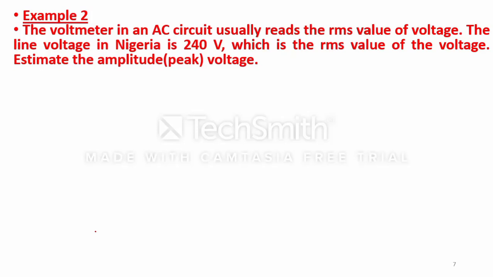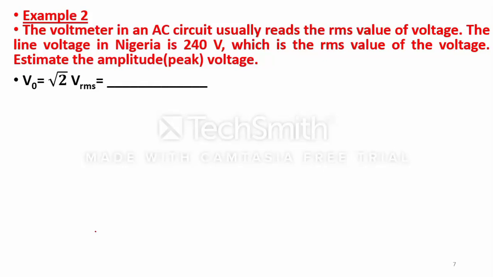You can call it either peak voltage or amplitude. I have already said something about that expression: V root mean square equals V naught over root 2. So we are going to use that expression, and then we make the peak voltage the subject. So we will have V naught equals root 2 times V root mean square.